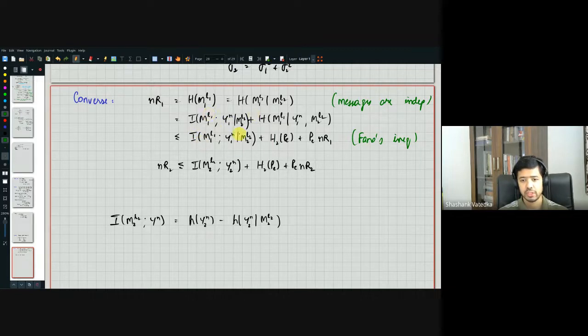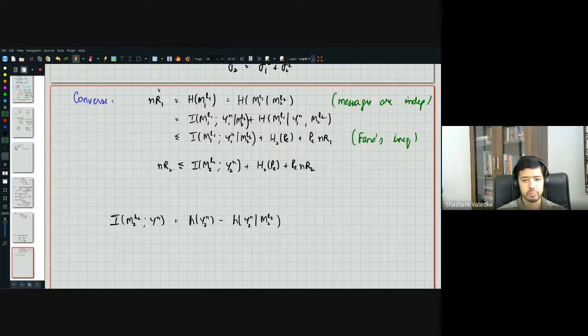So the first term is left as it is, but the conditional entropy of M1 given Y1^n and M2 is less than or equal to H2(Pe) plus Pe times nR1, where Pe is the probability of error of decoding M1 from Y1^n and M2, which is upper bounded by the probability of error of decoding both M1 and M2.